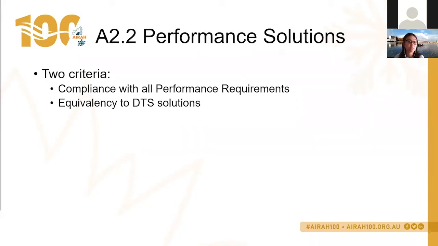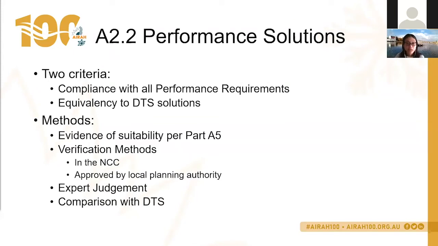One is compliance with all the performance requirements. So if you've got JP1, in the 2016 code, we had JV3 as well, and then JP2, which was deleted somewhere along the line. Or you can prove equivalency to the deemed to satisfy solutions. But ultimately what you're trying to comply with is that performance requirement.